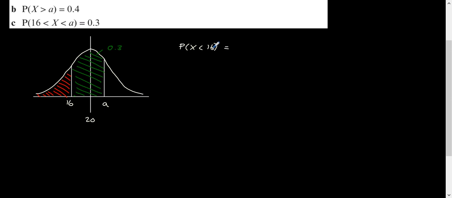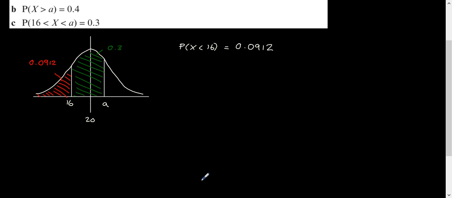Sigma is 3, I think, and mu is 20. So the probability to the left of 16 is 0.0912 to 4 decimal places. So that's this area, 0.0912.